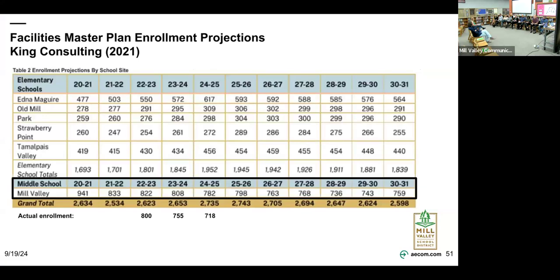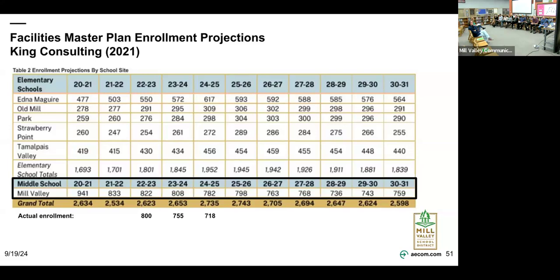So in 2021, during the facilities master plan, the demographer came up with these projections for Mill Valley Middle School. They're highlighted. You can see 24, 25, they projected 782 students. There's actually 718 students. And so the numbers appear to be much below even those 2021 projections.